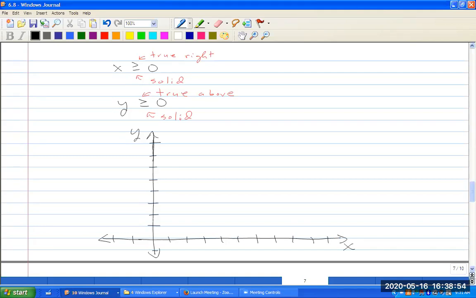That's just this line. And it has to be true to the right. So it's in this region here. Y is greater than or equal to 0. So that's this. It's greater than or equal to, so it's true here.